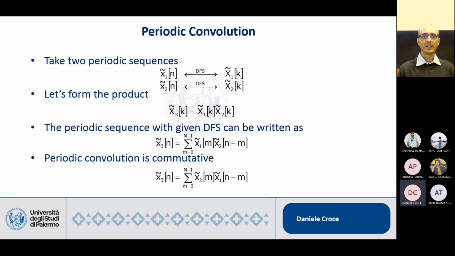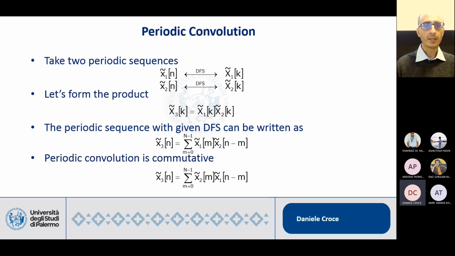Now let's see the periodic convolution. This is something a bit different. We consider two sequences that are periodic, x1 and x2, which have a discrete Fourier series, capital X1 and capital X2. Okay? And let's consider the product of the two DFS. So capital X tilde of k is the product of the two DFS.